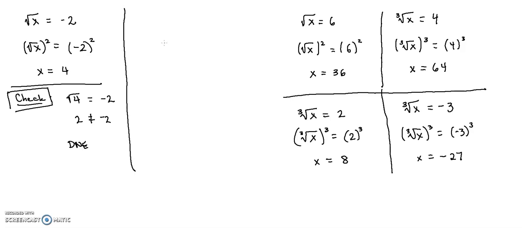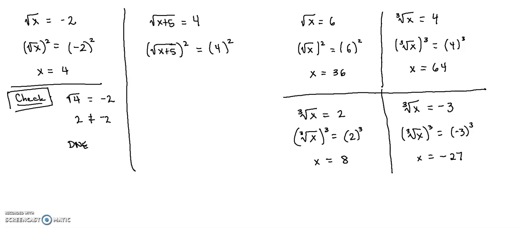All right, let's try another one. Let's say we've got square root of x plus 5 equals 4. Okay, square root of x plus 5 equals 4. It looks a little bit more complicated, but it's the same idea. I've got square root is equal to a number, so we're going to square both sides. All right, on the left-hand side, we talked about this a little bit.